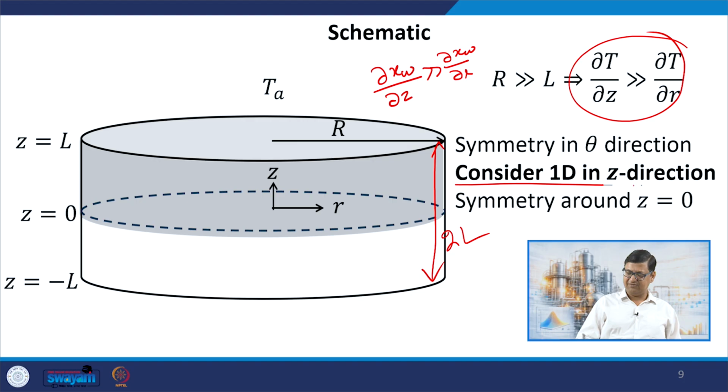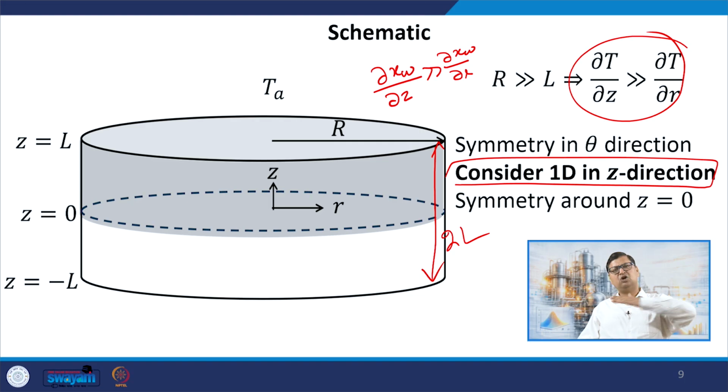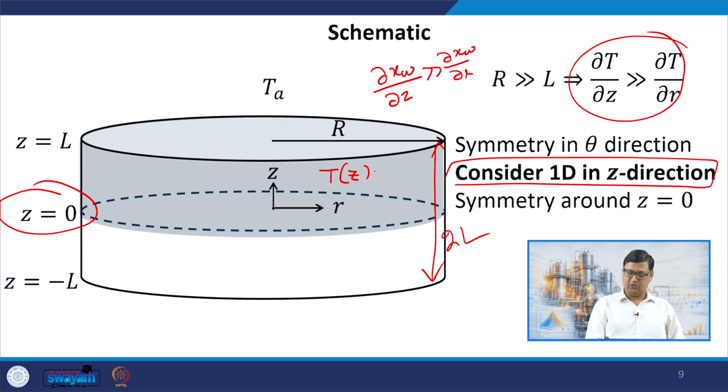And now we have a one-dimensional equation in z direction, and further I can draw a symmetry plane at z equal to 0 and consider only the upper half of the biscuit. That pretty much amounts to assuming that T at z, provided that the center line is z equal to 0, is equal to T of minus z, which has to be the case because this point at z from the center line and the corresponding point at minus z are pretty much getting the same heating environment.